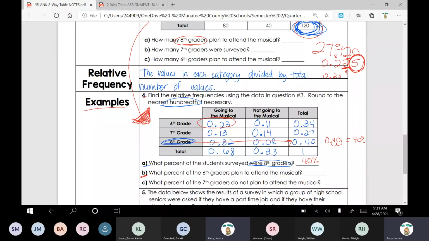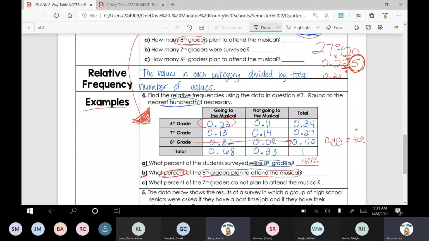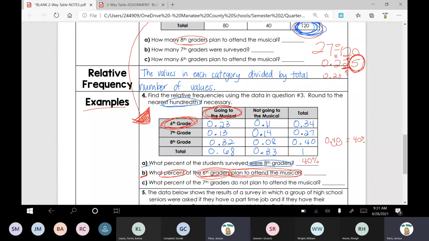Our next question B, it says, what percent of the 6th graders plan to attend the musical? Okay, so we're looking at 6th graders and plan to attend the musical. So that means they are going to the musical. So you can see in our table, we already have that 0.23, but we're talking about percent.